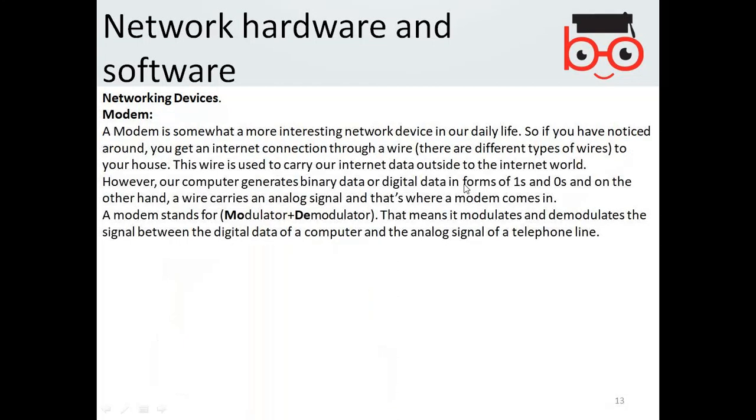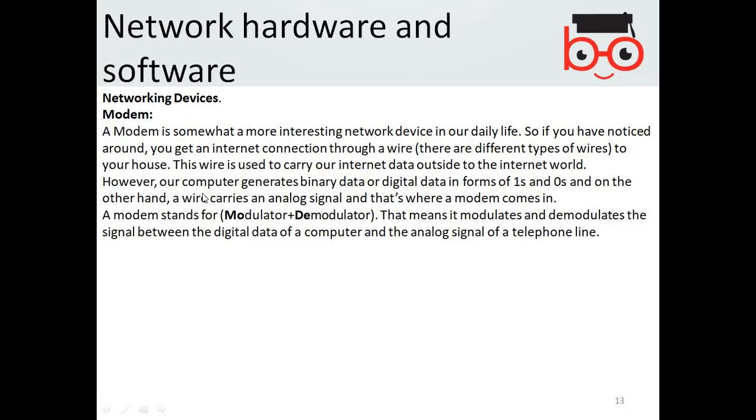Now, modem. A modem is a more interesting network device in our daily life. So, if you have noticed, to get an internet connection through a wire, there are different types of wires coming to your house. This wire is used to carry our internet data outside to the internet world.